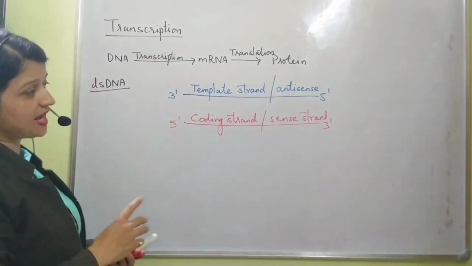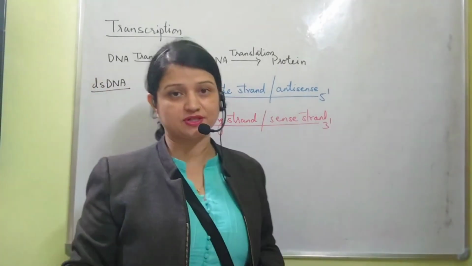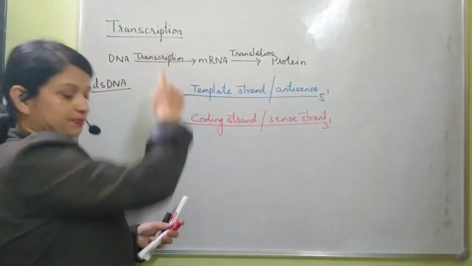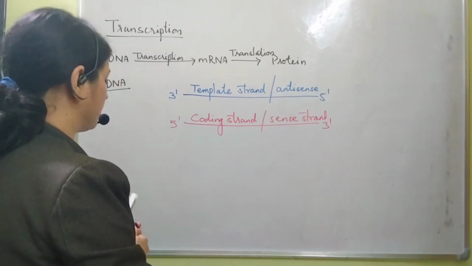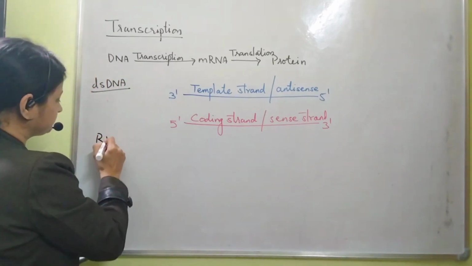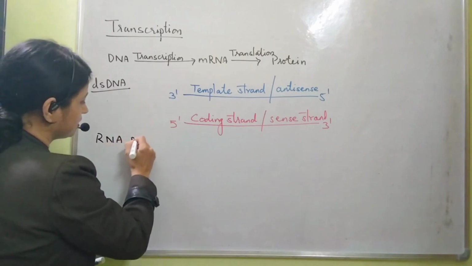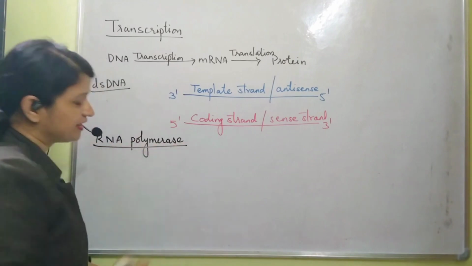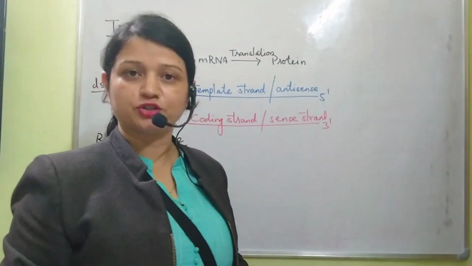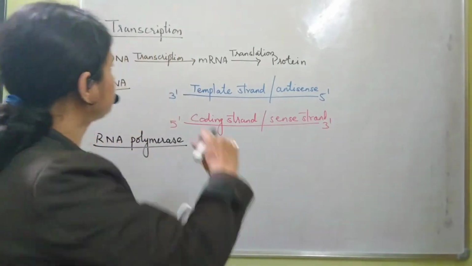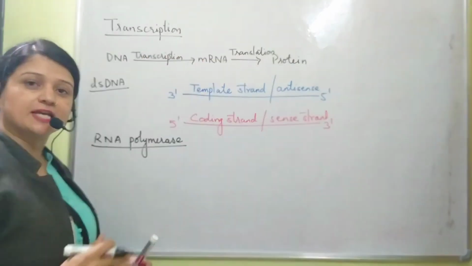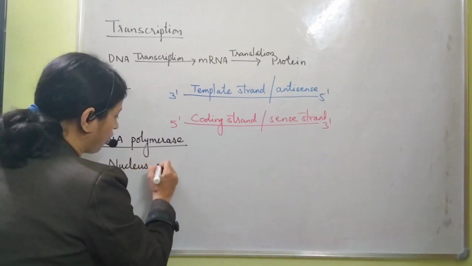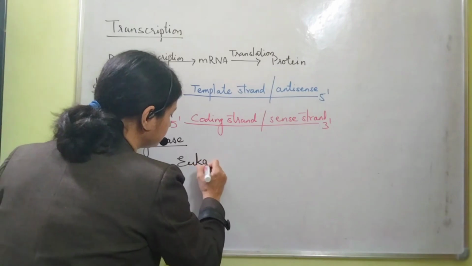The main enzyme required for the process of transcription is RNA polymerase. This process of transcription takes place in the nucleus of eukaryotic cell.